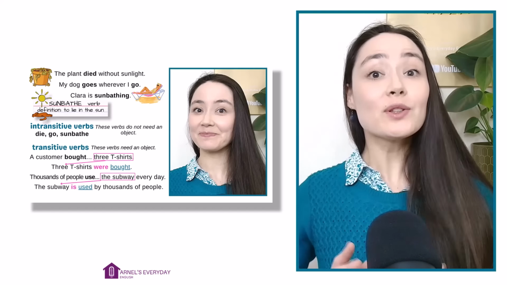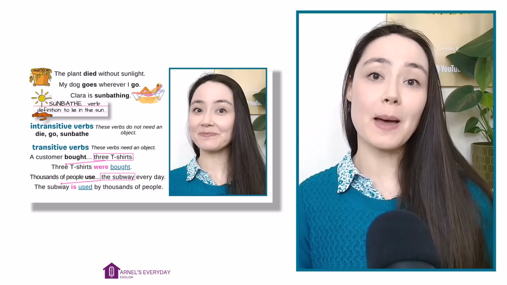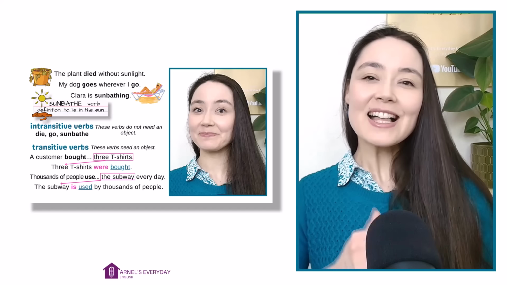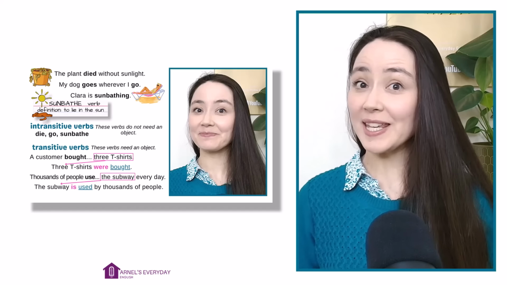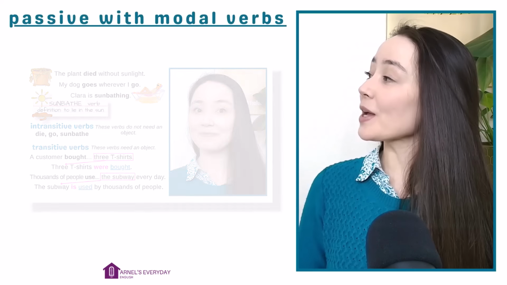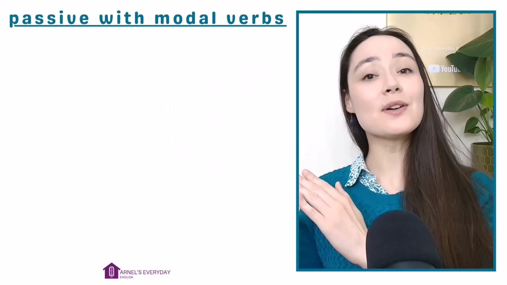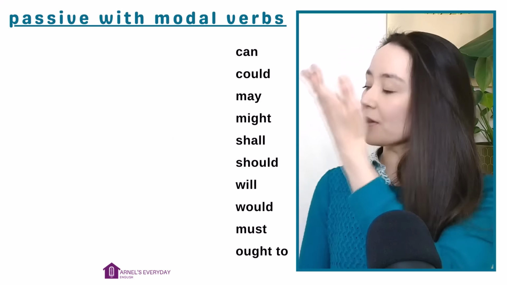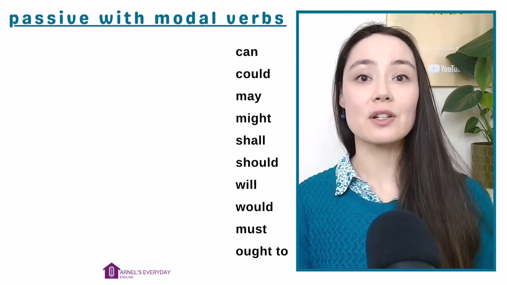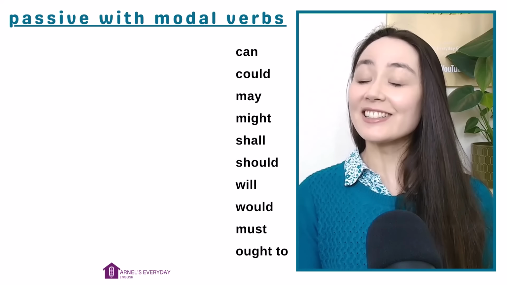So far, we've looked at the most important parts of the passive voice. Now, the lesson starts to get more advanced. Are you ready? Let's keep going with passive with modal verbs. Here are the modal verbs we have in English. I think you can recognize a lot of these.